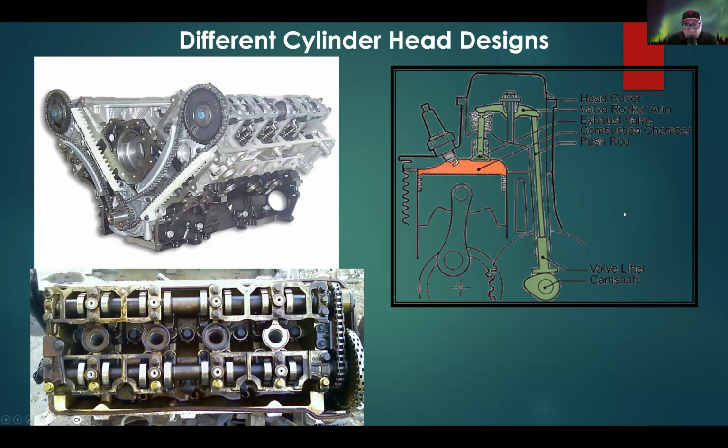Then the other style is the old school style, so to say, the style that a lot of Chevy engines still use. The Hemi V8 still uses this style. As far as I know, Ford has moved away from it, but they might still have it in their 7.3 Godzilla engine. They have a camshaft in the block, only one camshaft within the center of the block, and that's this picture up here to the upper right.